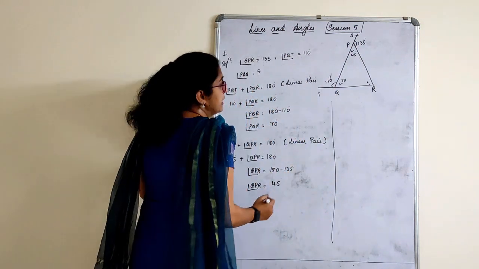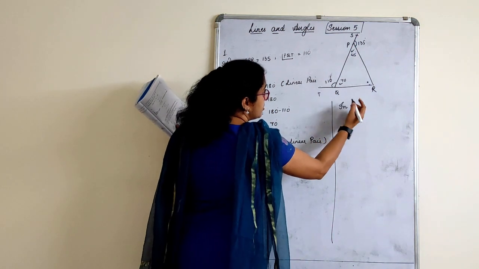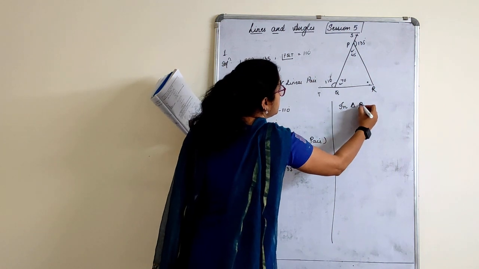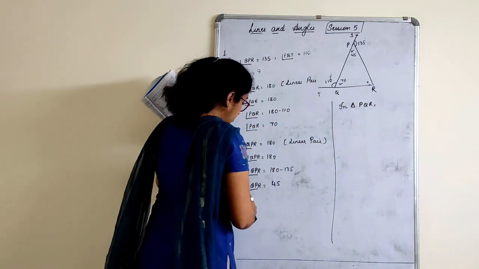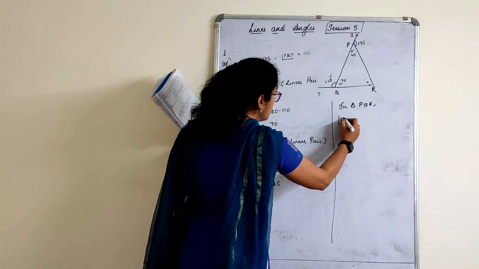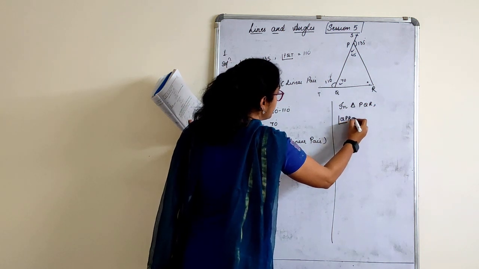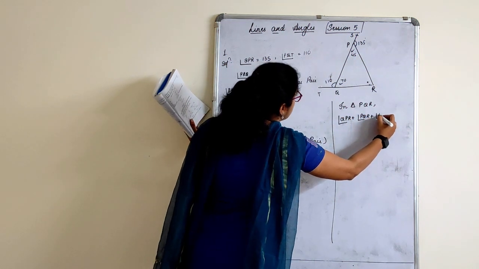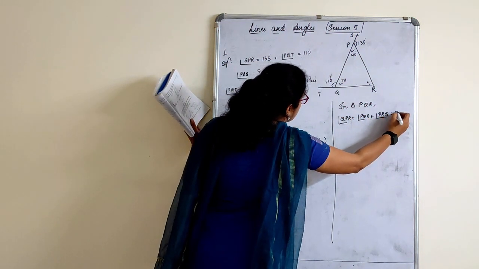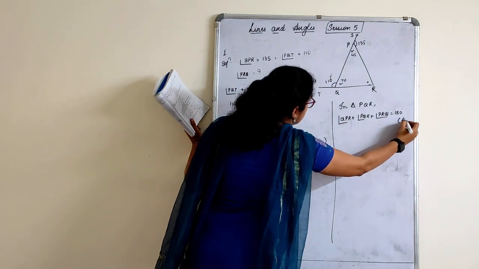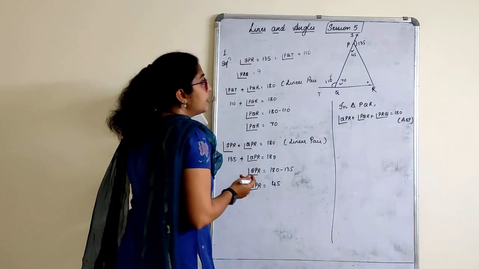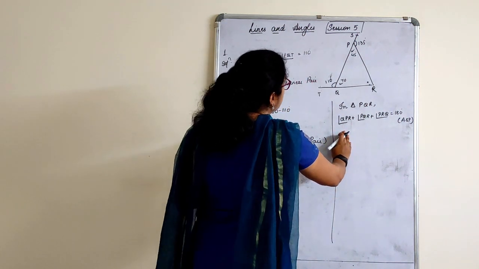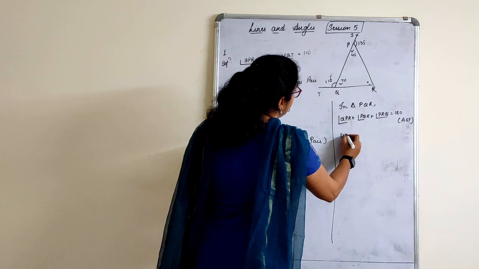Now, in which triangle are we proving this? In triangle PQR, write down this angle: angle QPR plus angle PQR plus angle PRQ is equal to 180. Reason? Angle sum property. Okay. So from the angle sum property, angle QPR is 45.